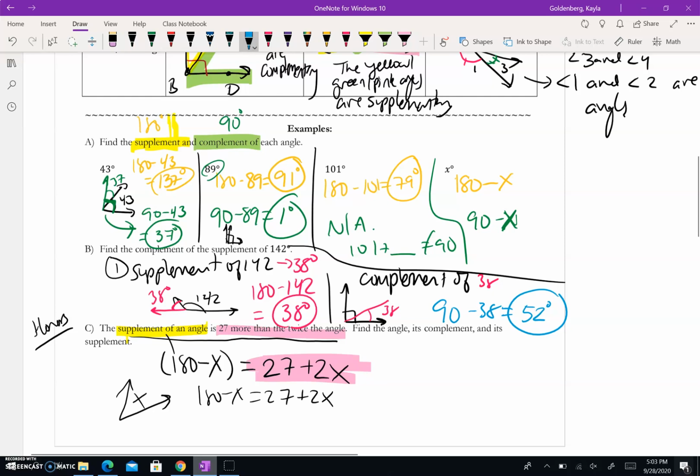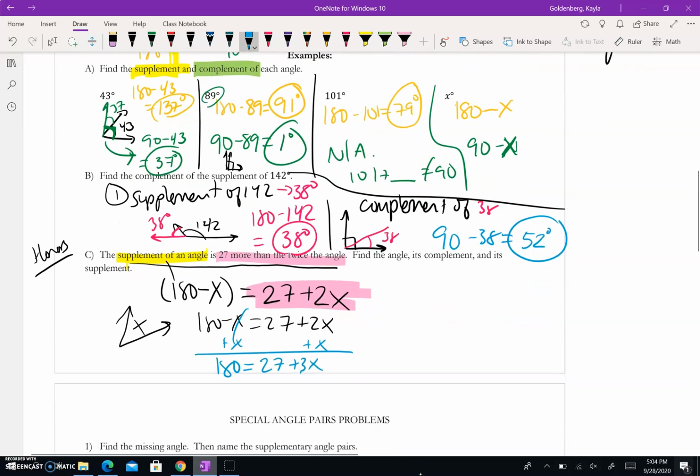I'm going to do some algebra, add x to both sides. The hardest thing here is really just translating it. That's the trickiest part. Minus 27. Let's see, we've got 3x is equal to 153.